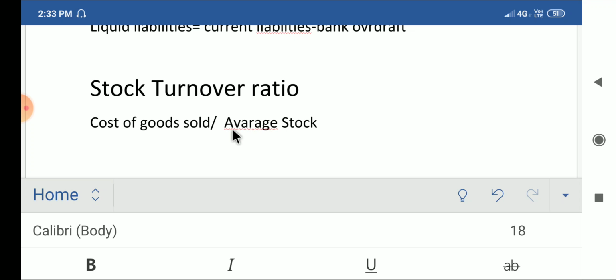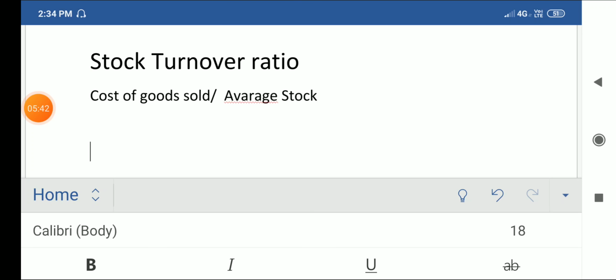Stock should remain in the business, but it should not be so excessive that a portion of capital is blocked.